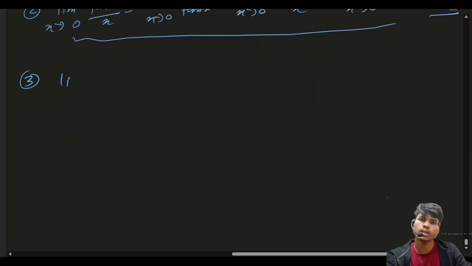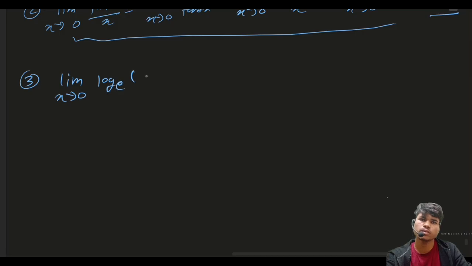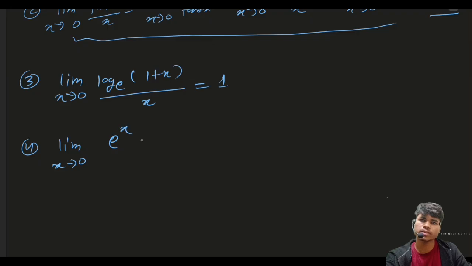Third, limit x tends to 0 log 1 plus x divided by x equals 1. Fourth, limit x tends to 0 e to the power x minus 1 divided by x equals 1.